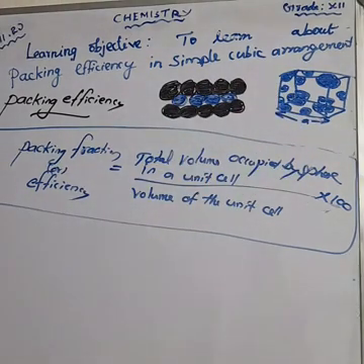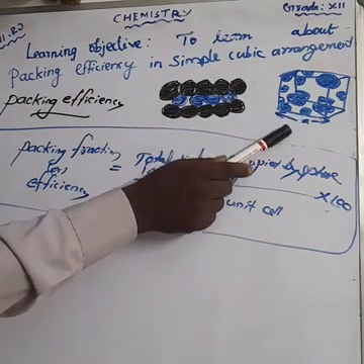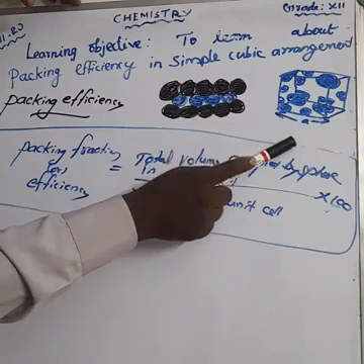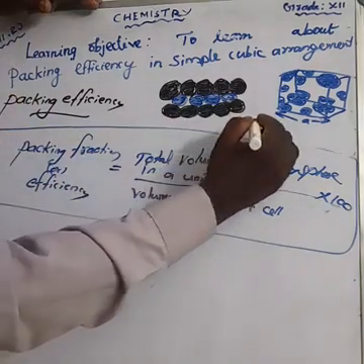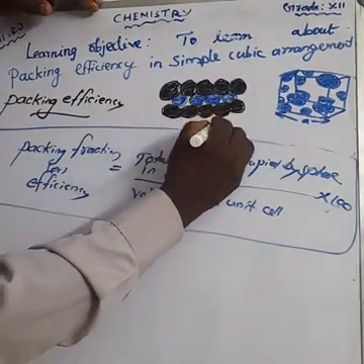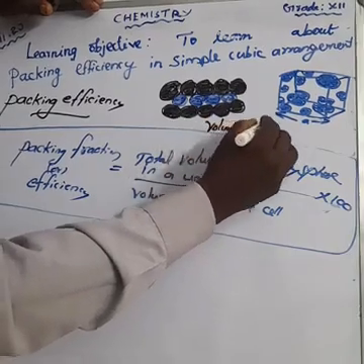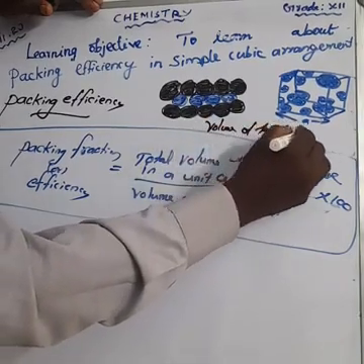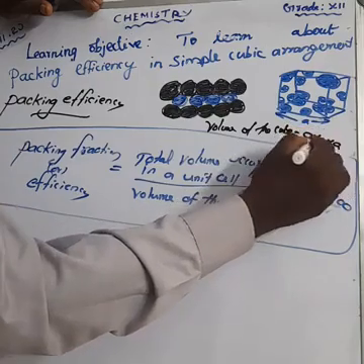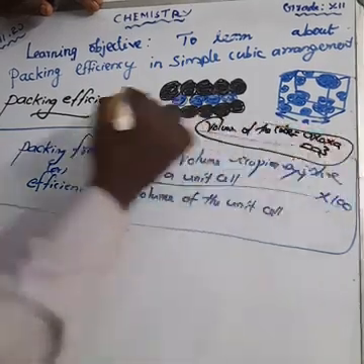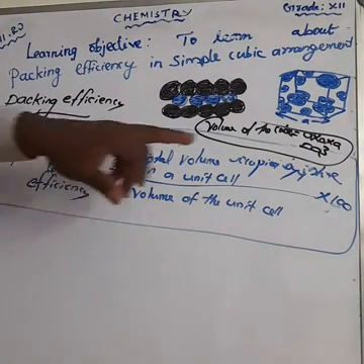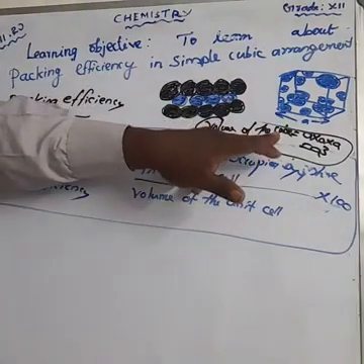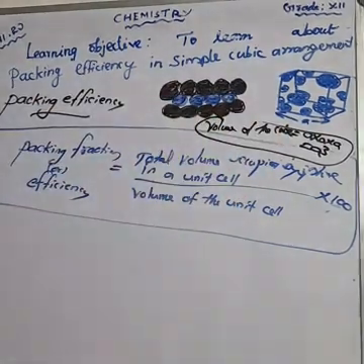Anyhow, let us consider a cube with the edge A, as shown in the figure. The volume of the cube with edge length A is A into A into A, that is equal to A cube.